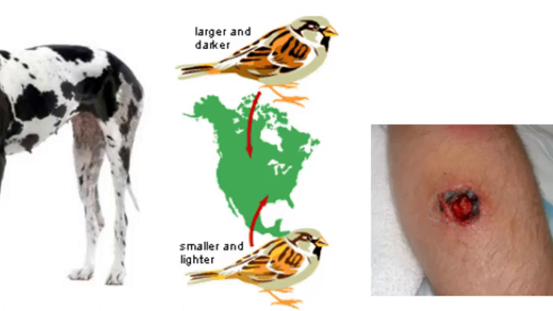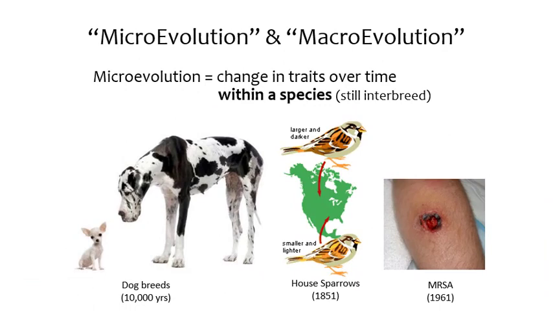Northern birds were selected to be heavier, which allows them to retain heat better. They were darker, allowing them to blend into the darker forested habitat. These sparrows are not separate species yet, but their differences are increasing over time.